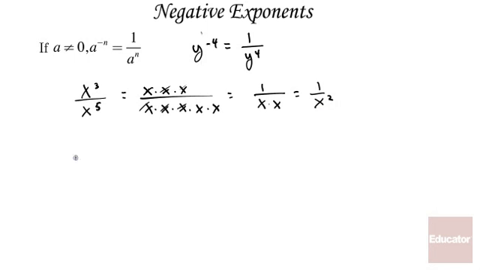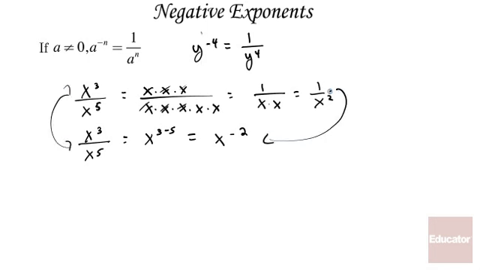I could look at this another way. I could use my rules for dividing exponents of the same base. And those rules would tell me that what I need to do is take x to the 3rd minus 5. So I need to subtract the exponents. And this is going to give me x to the negative 2. Well, since these two are equal, these two must be equal.